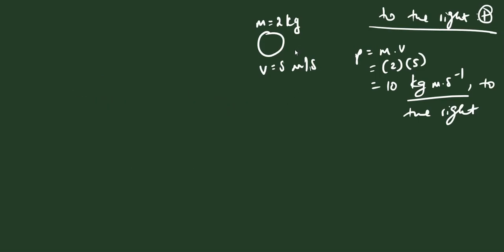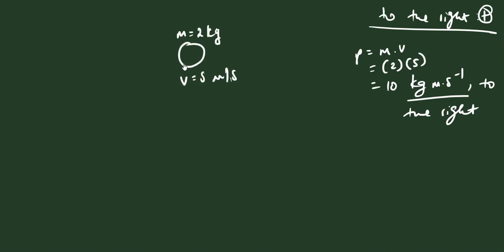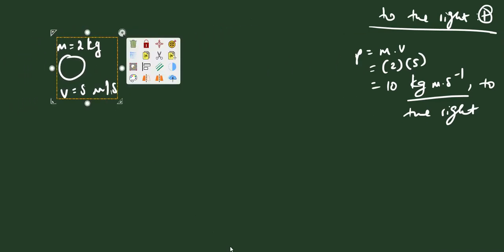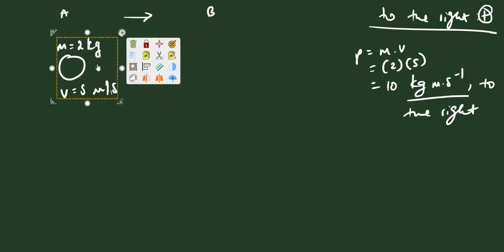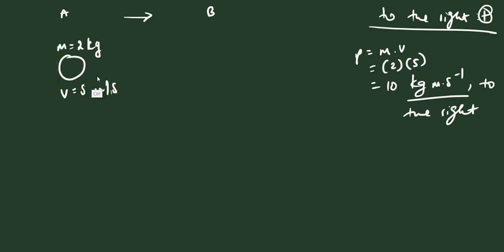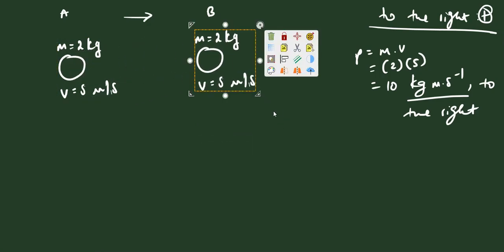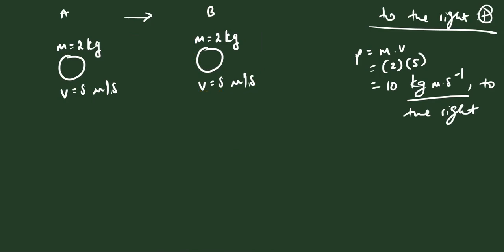But suppose this ball was here at position A, then it moved to position B, and when it went to position B, it now has a velocity of 8 meters per second.